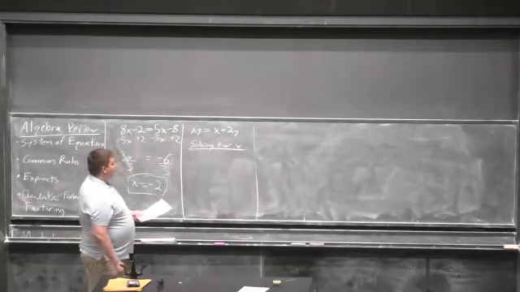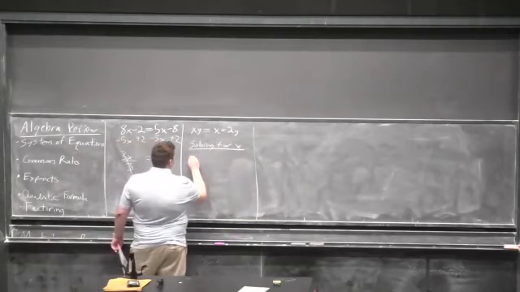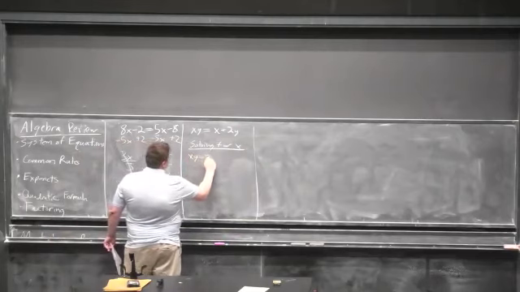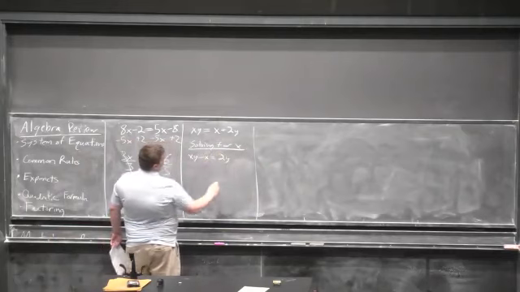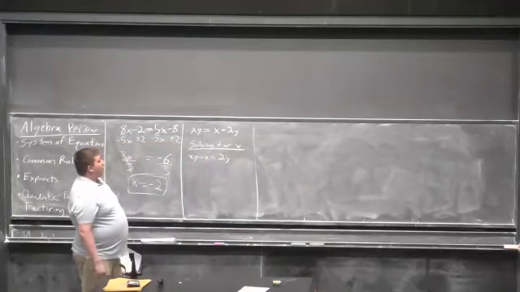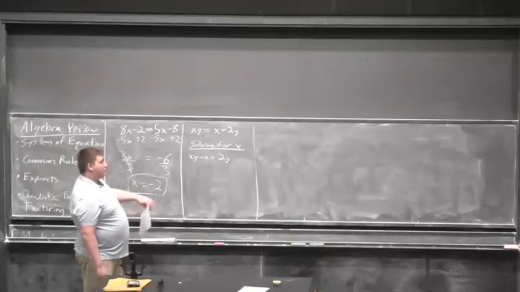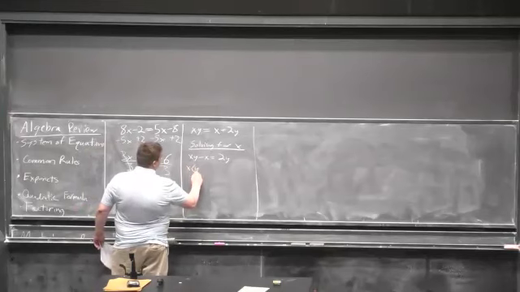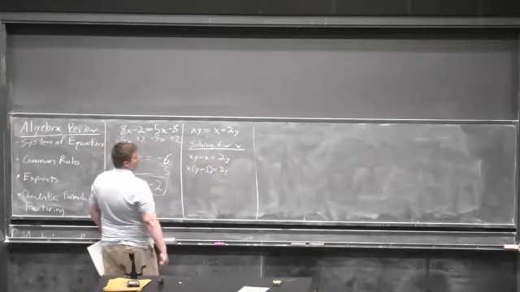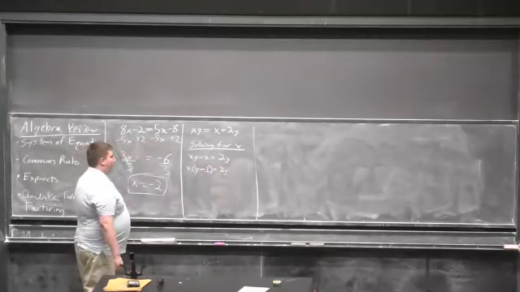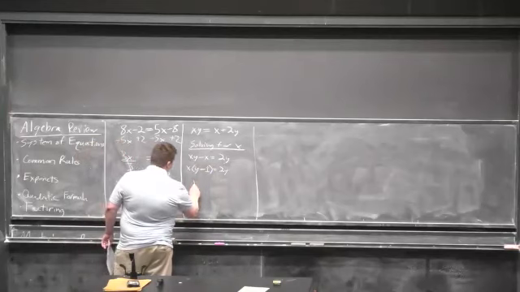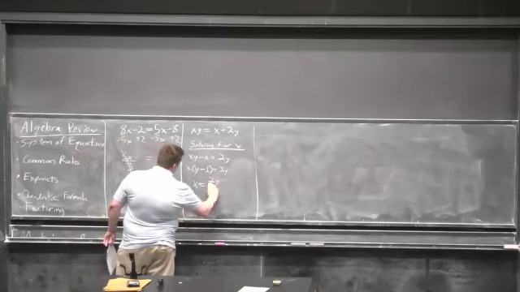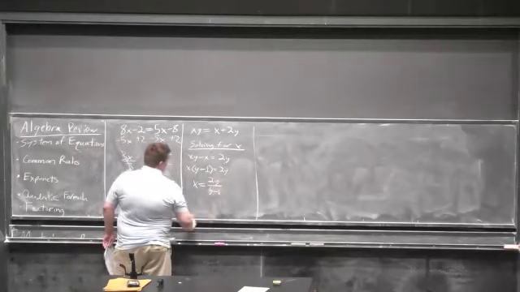What we can do is subtract x from the other side to get xy minus x equals 2y. And then we can factor out this x. x times y minus 1 is equal to 2y. Now we can divide by y minus 1 to get x is equal to 2y over y minus 1.